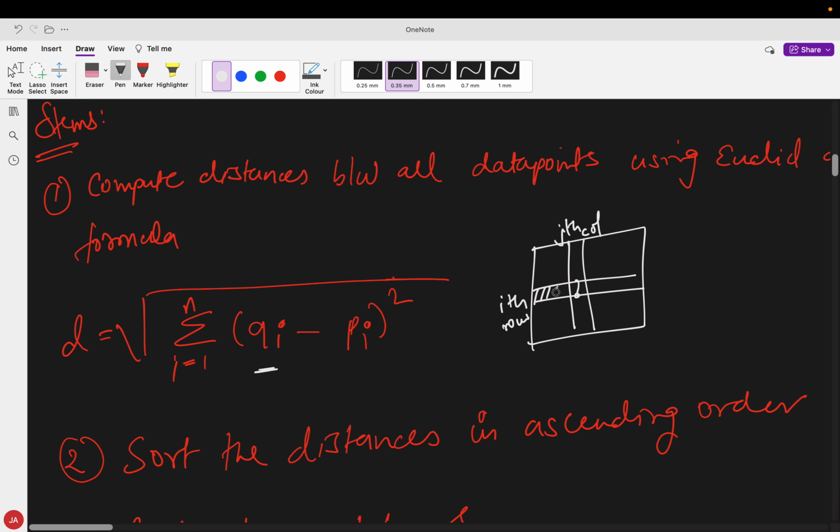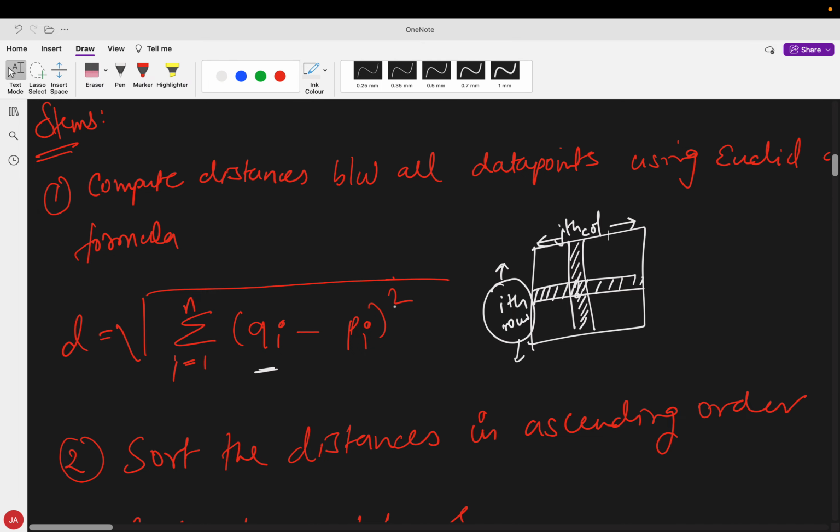So I neglect the entire column, the feature, and compute the distance. I want to compute the distance of the ith row to every other row, right? But I'll not include the jth column in the computation.